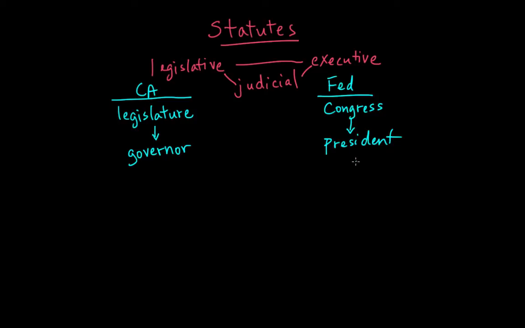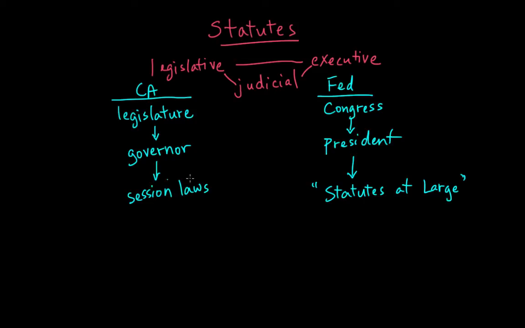The federal statutes are published in a volume called Statutes at Large. Statutes at Large. That's just the name of the publication for the enacted statute. The California state statutes are published in volumes that are just called session laws. But it's the same idea. It's a publication for all of the enacted statutes that have gone through this process.